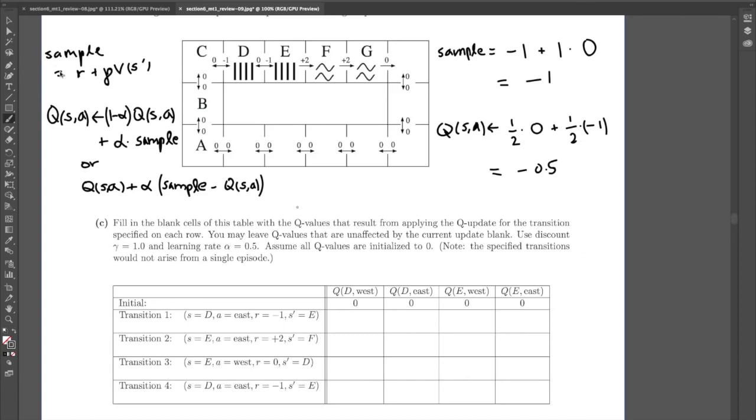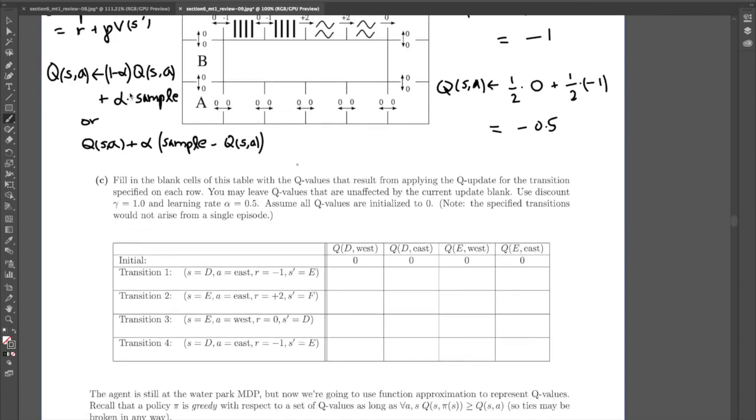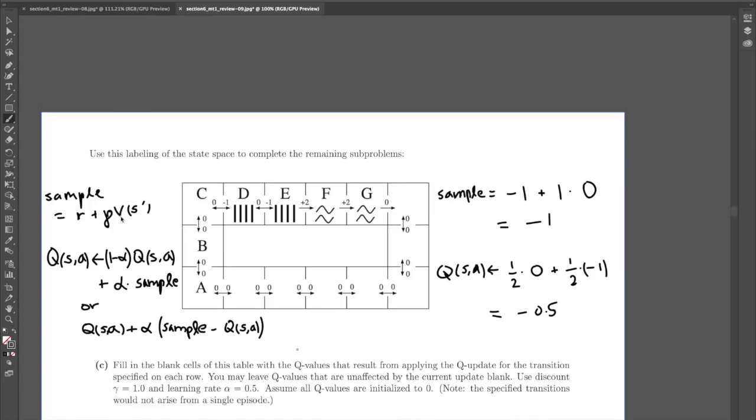So first, from these quantities provided in your sample, you calculate this sample value, which is just the reward you got, plus the discounted expected future reward based on the values you've already calculated. Note that I've called this V over here.